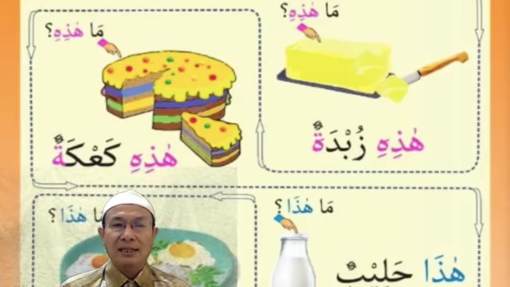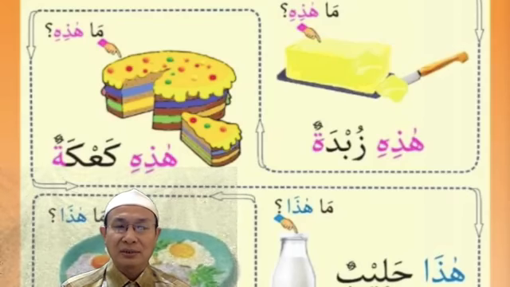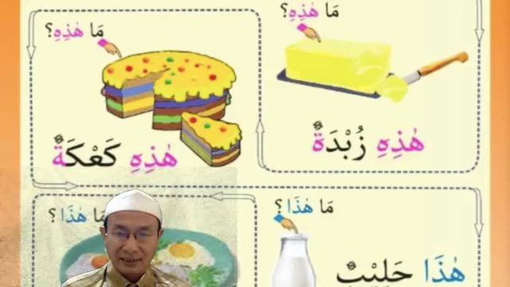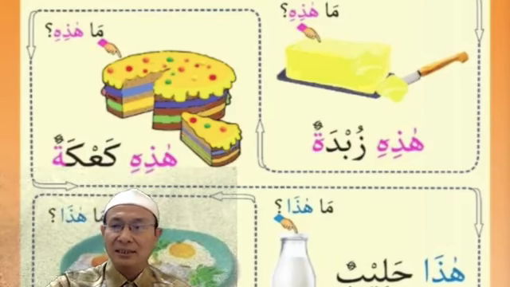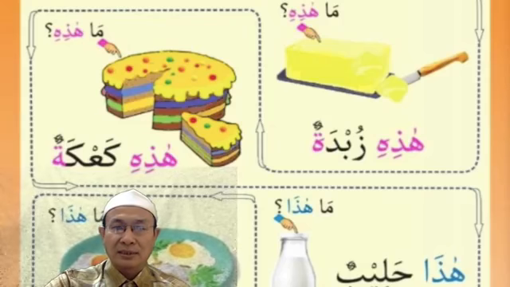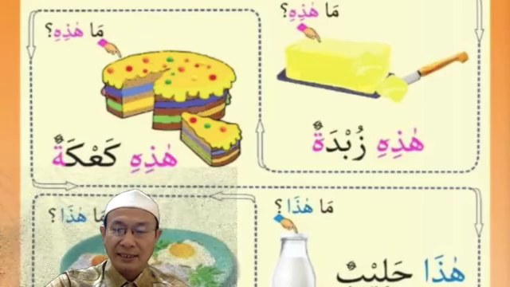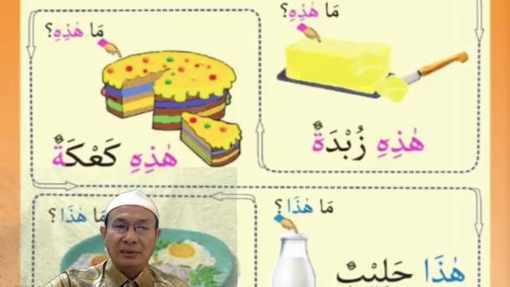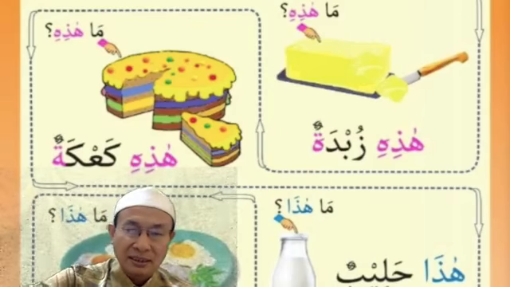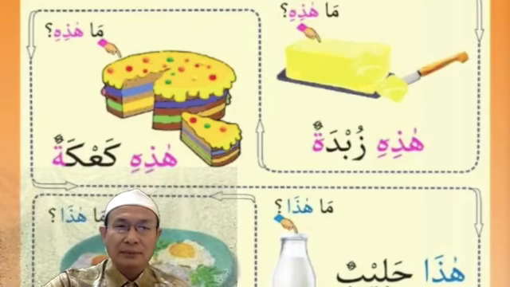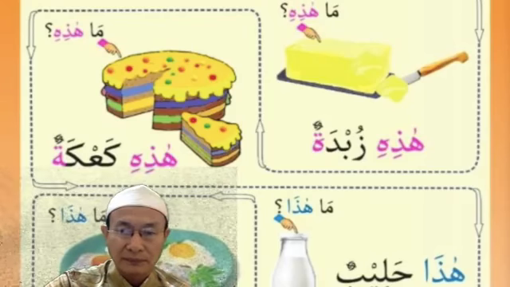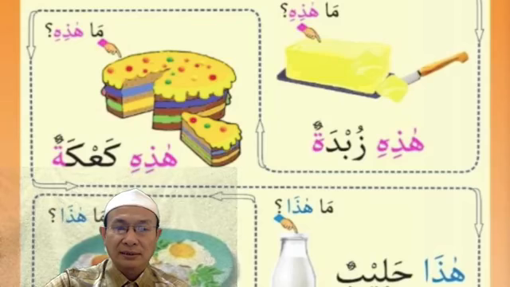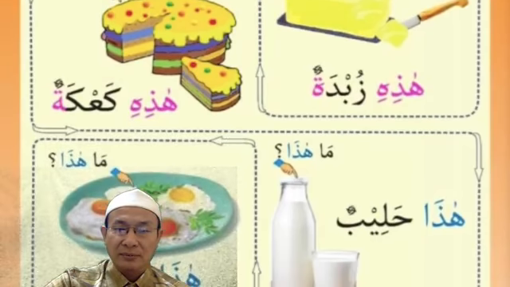Hadihi ka'katun. This is a cake. Ka'katun, cake. Zubdatun, butter. Alright? And please move on.